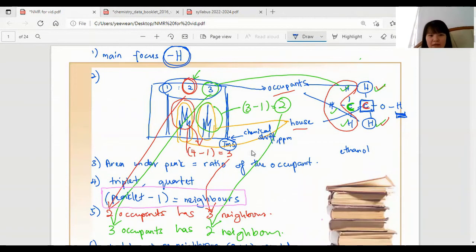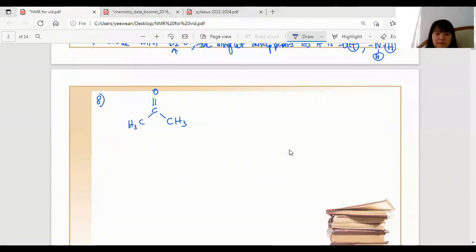Keep in mind that this H-NMR spectrum is reading the proton environments. So if two houses have the same environment, it will read that as one set of peaks. You will not get a separate set of peaks if two houses have the same number of occupants and feel the exact same environment. How is that? If I have a structure like this, let's imagine this as a playground.